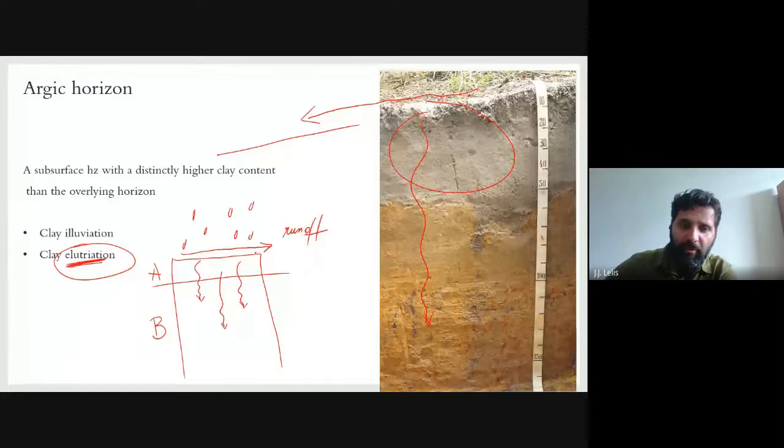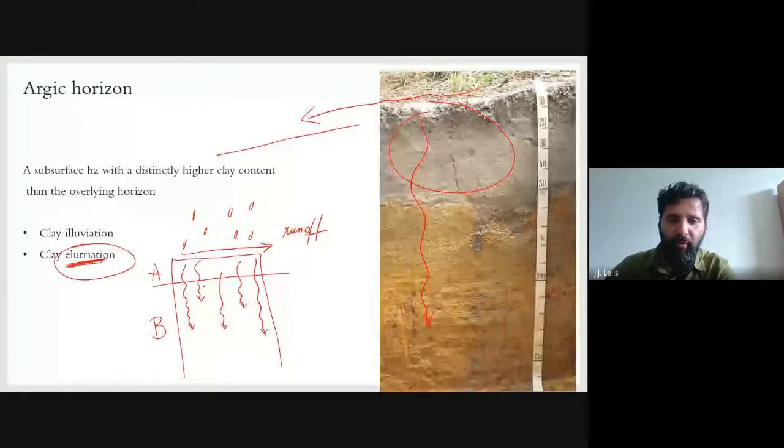Okay, so we have runoff because we have intense rainfall, and soil couldn't absorb all the water that's falling.